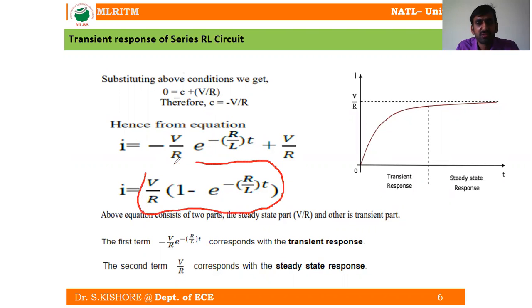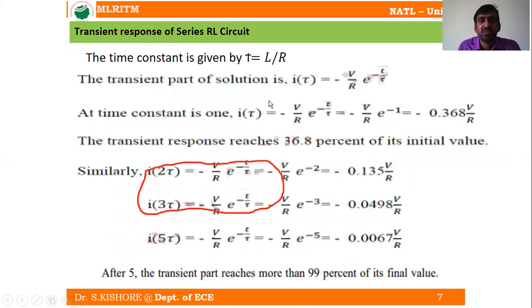Here we have 1 minus e power minus t by tau, which means 1 minus 0.368, and that is going to become around 73 or 74%.